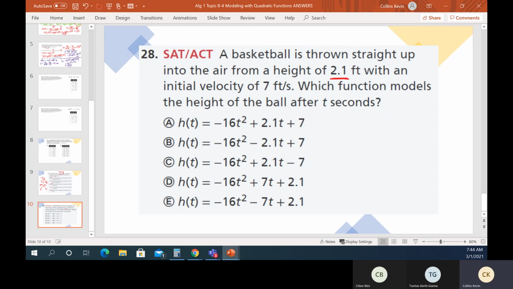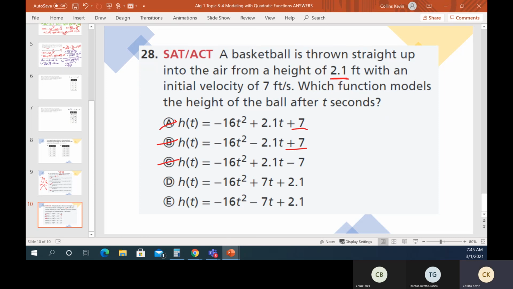Which equations don't have a plain number of 2.1? So C doesn't, right? He has -7. How about A? A has a 7 here. Is that good? Nope. This guy also has a 7. Nope. So right away, we're down to just these two answers, right?